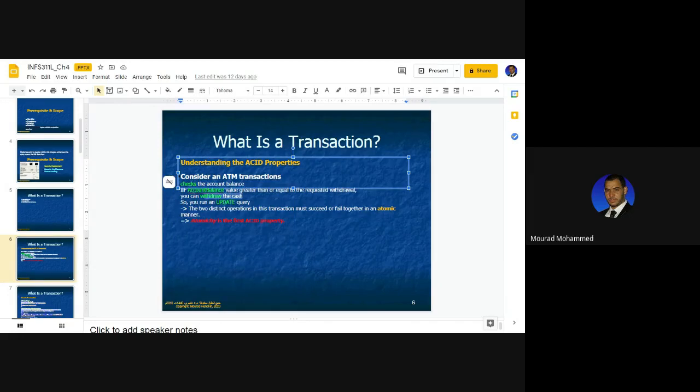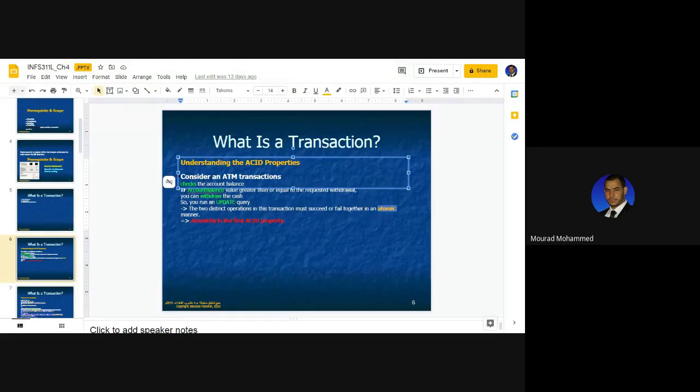The cash you received, and immediately the short circuit happens, there will be no update. So if it's not atomic, you took the money and the system will not update your account. You still have the money; it did not deduct it. This is a problem because of the non-atomicity.